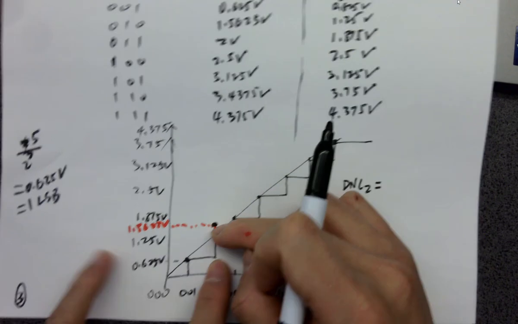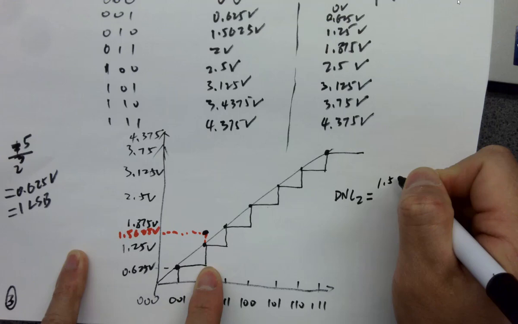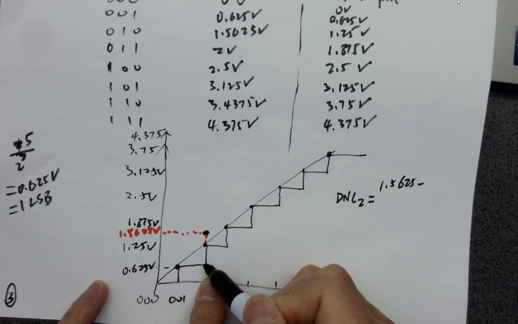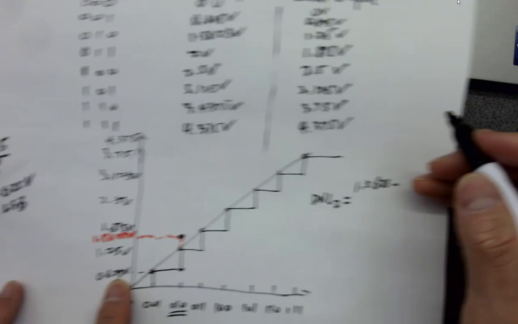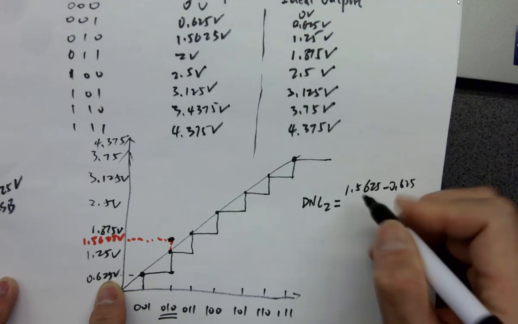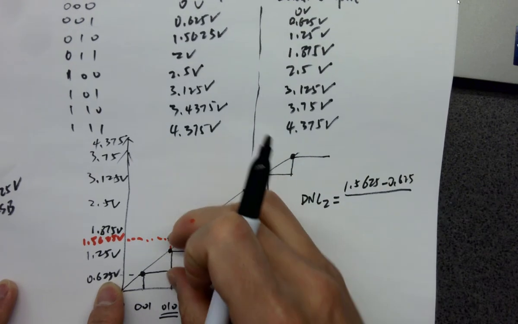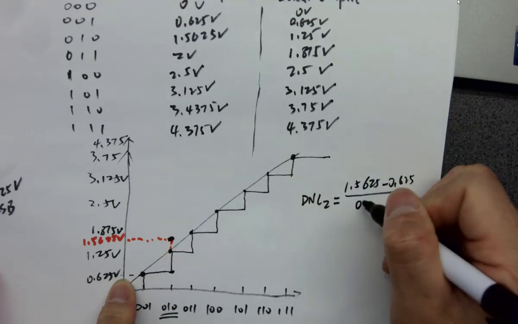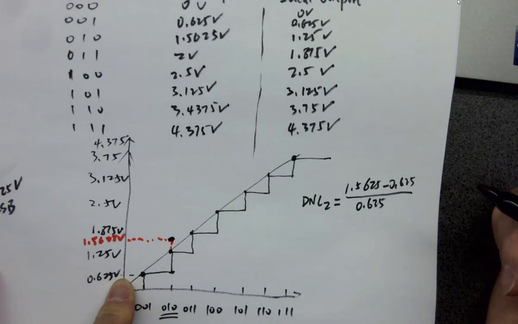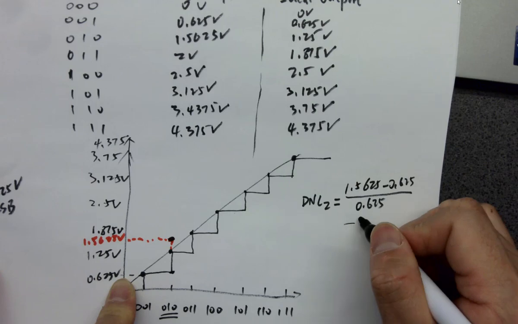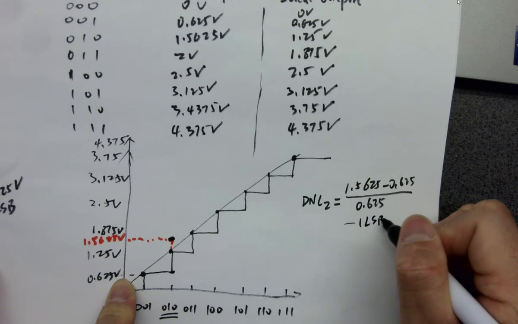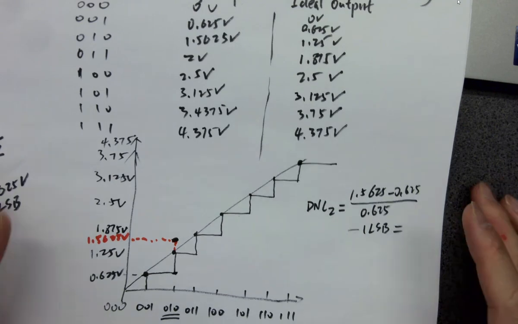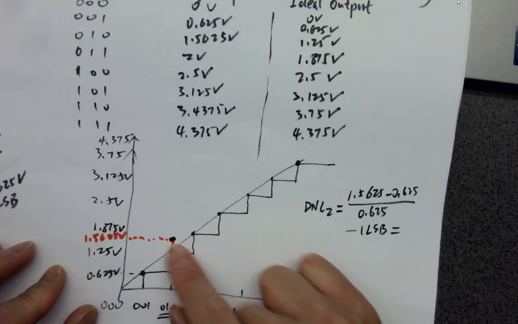You can see the actual step size is 1.5625, right? So it's from this point to this point. This point's voltage is 0.625 volts. That's the actual step size, right? And how many LSBs is it? You divide by 1 LSB, and then minus 1 LSB will be the final DNL. So the unit will be in LSB, because the step size over here should be 1 LSB.